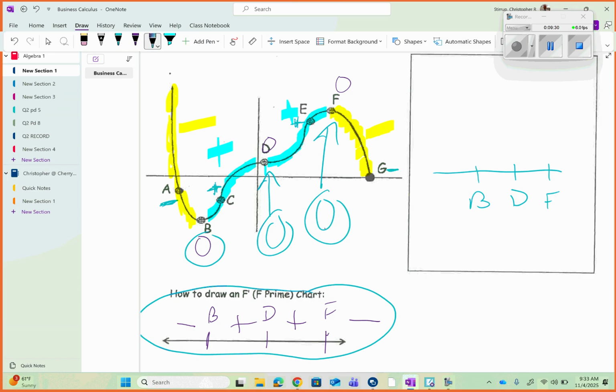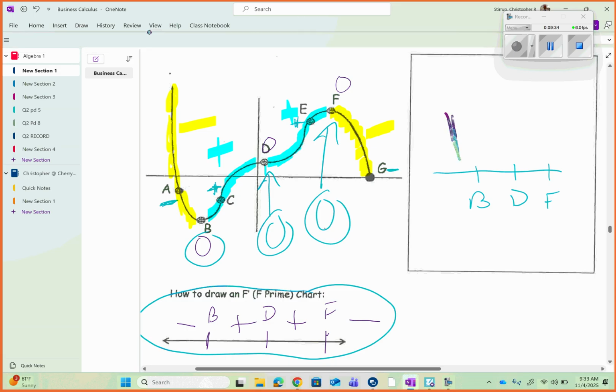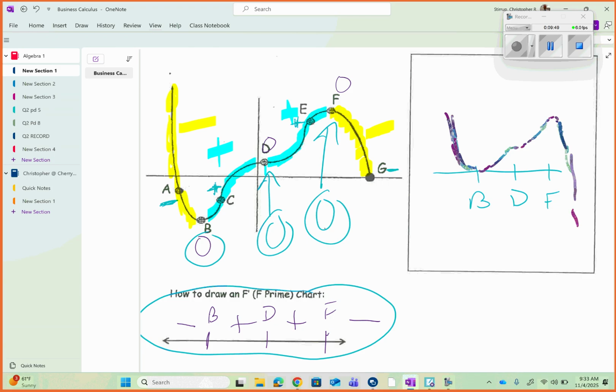Things that you can say are: I'm coming down here, and then something's going to happen here where I'm going to go up, flatten out, and keep going up, and then I get to F, and I start going down again. So this graph doesn't look exactly like this, but it gives us an idea of what our graph could look like based on the F prime chart. So let's move down a little further and see what takes place.